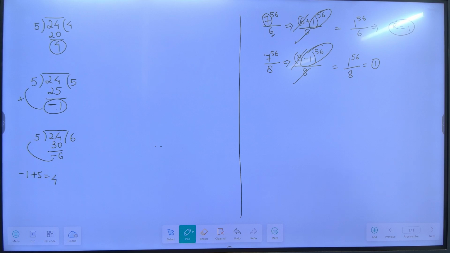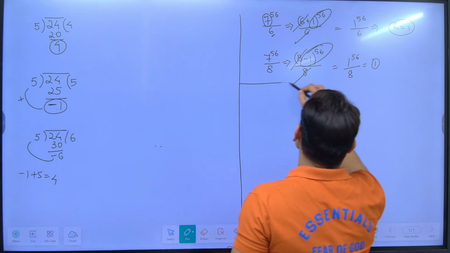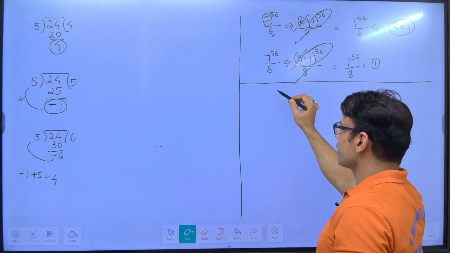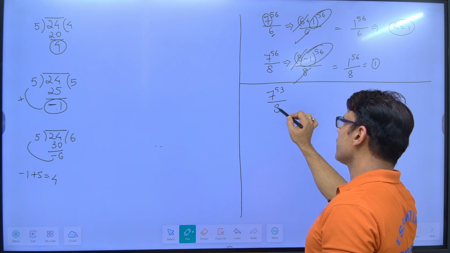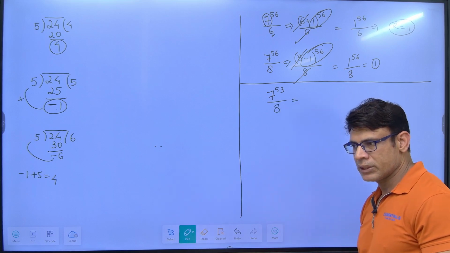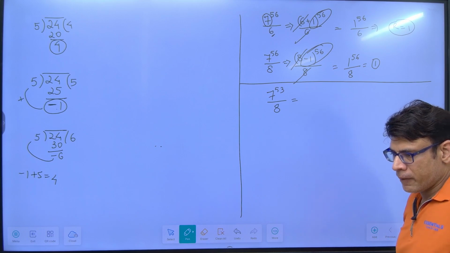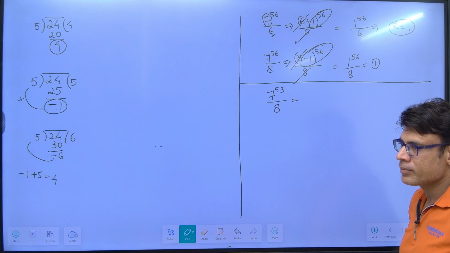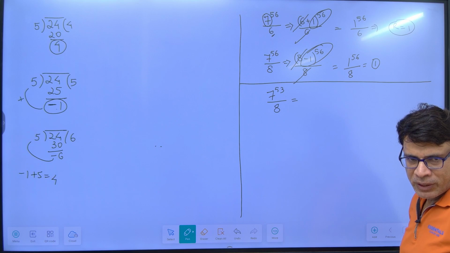Now, why I did this? Because I'm going to take the next part of this question from here only by changing the power. If I write 7 raised to the power 53 and divide by 8, how can you write 7? 8 minus 1.